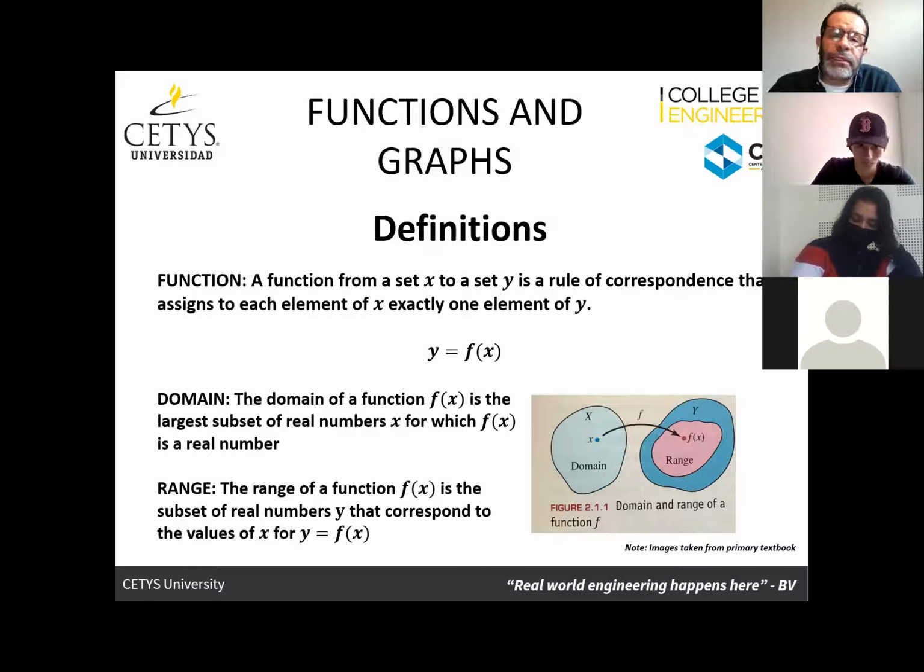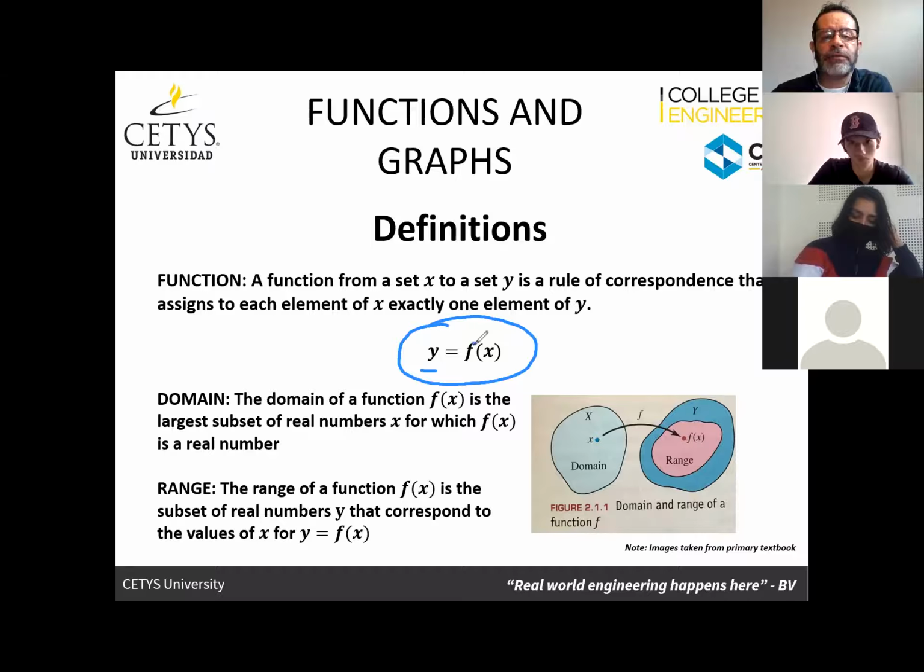And how do we represent this relationship? We represent it as Y equals F of X. This mathematical expression that we have here is how we define this relationship.